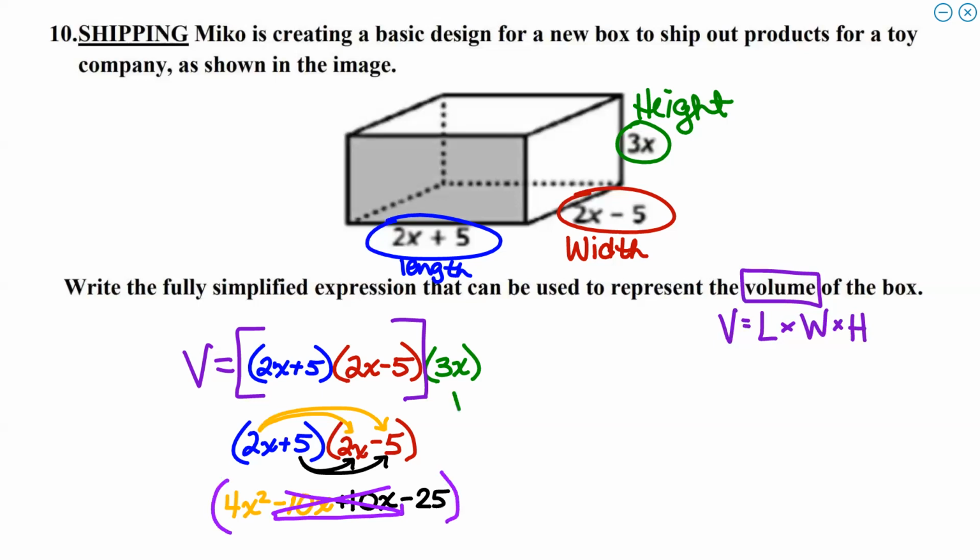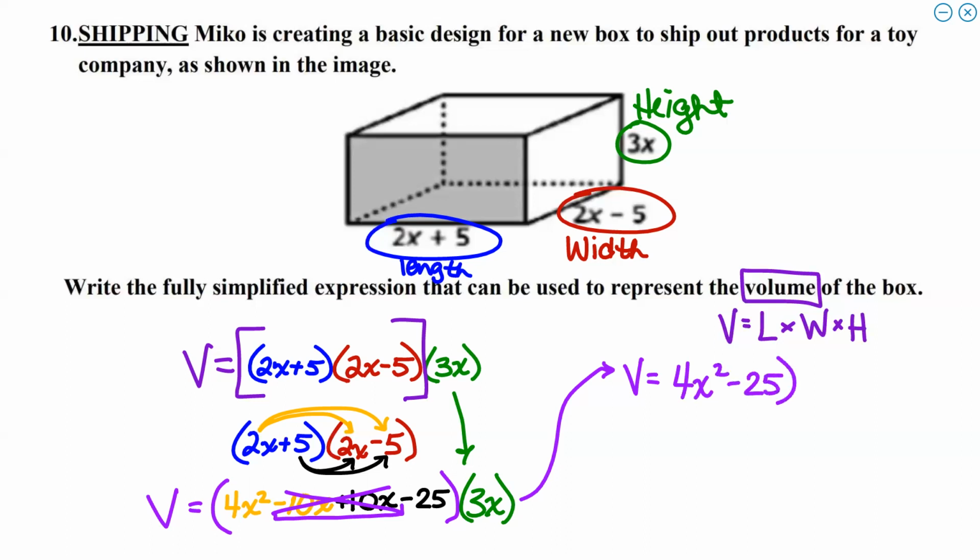We still have that 3x that we need to bring down. All right, I'm going to have to swing my work up and around over here. All right, so I have V equals 4x squared minus 25 times 3x. What do I need to distribute? 3x and what? 3x and negative 25, which would give me what?